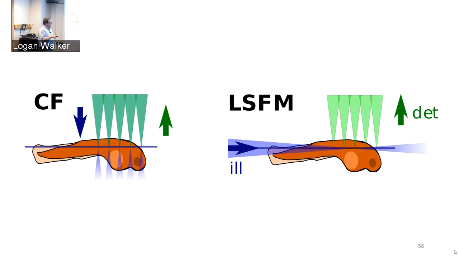So in this case, you can see it comes down and excites here. And then you do your detection in parallel because now you've excited this entire plane of cells rather than just scanning it. So light sheet fluorescence microscopy is, as a result, much, much faster while still yielding approximately the same.